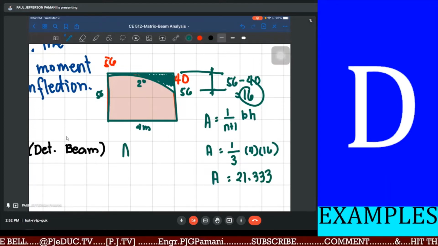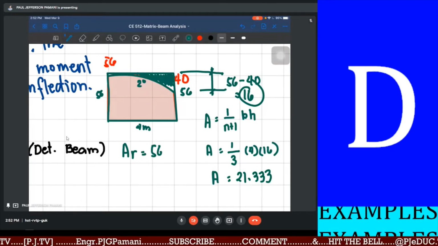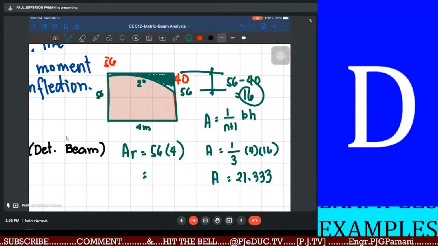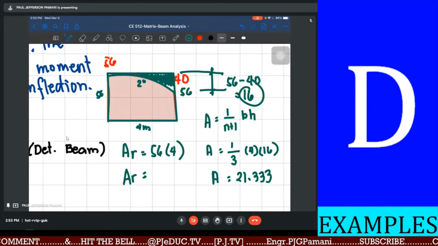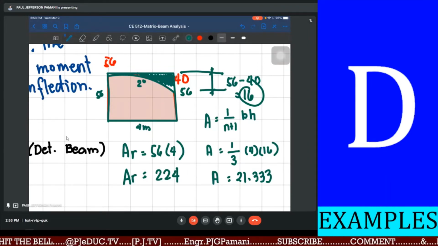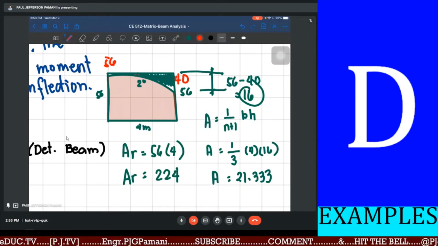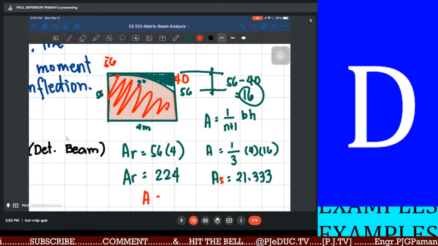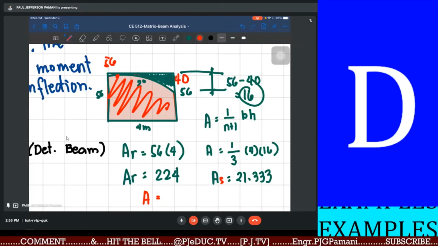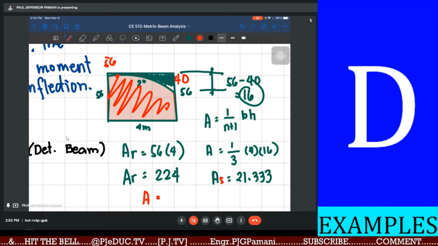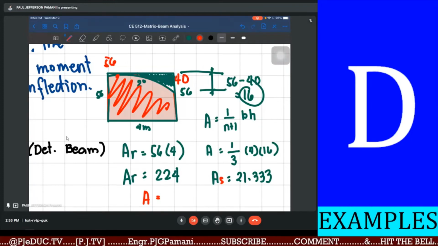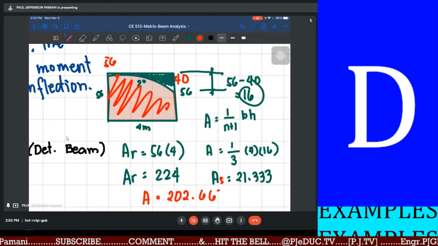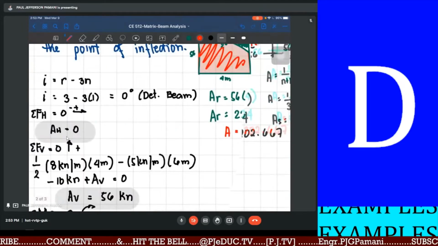Then the area of the rectangle is 56 times 4 meters. So that is 224. So we can then compute the area of this section by subtracting the area of the spandrel from the area of the rectangular section. 224 minus 21.333. That is 202.667. Okay? Yan na yung area niyan.